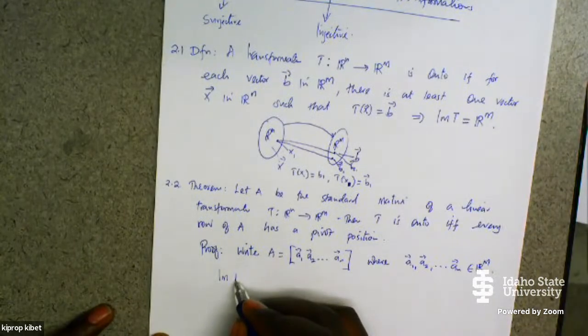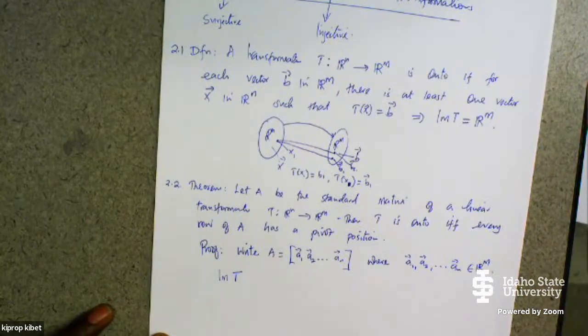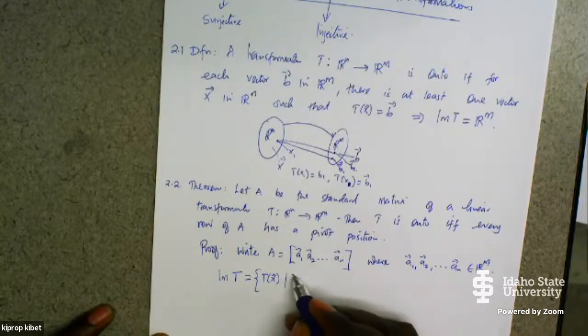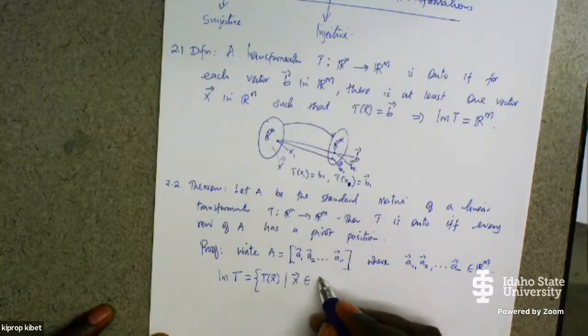The image of T equals, as we said last time, T of X, whereby X is an element of Rn.